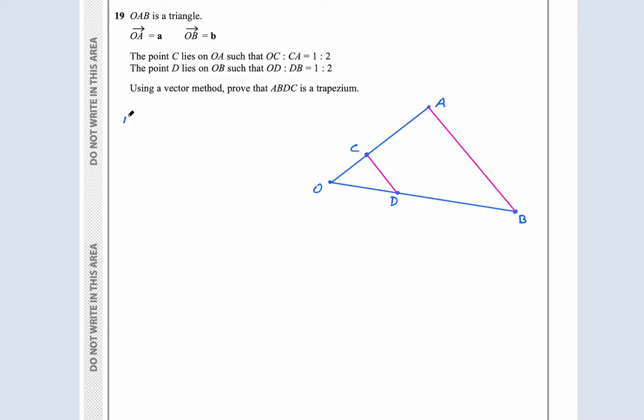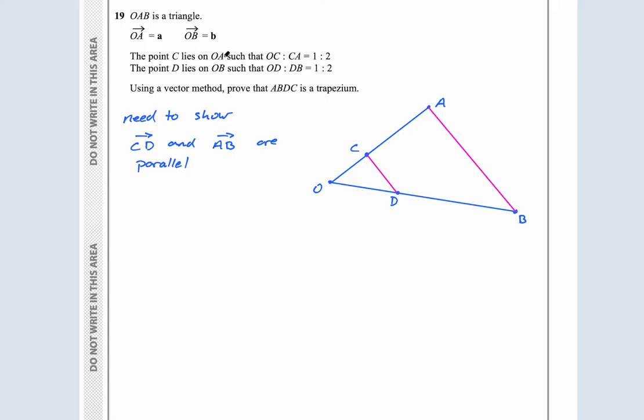Need to show vector CD and vector AB are parallel.